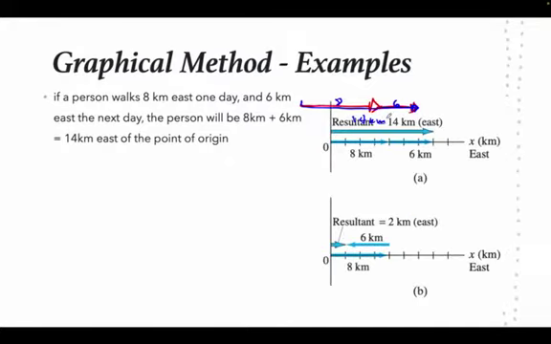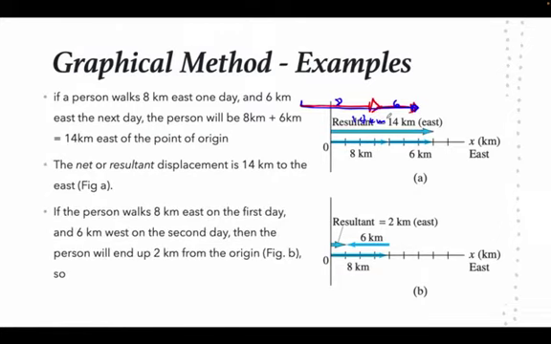Okay. Now, if on the other hand, a person walks 8 kilometers to the east on the first day, say something like this, and then walks 6 kilometers west, so from the end of the first vector, I draw my second vector, right? This one would be 8, this one would be 6.